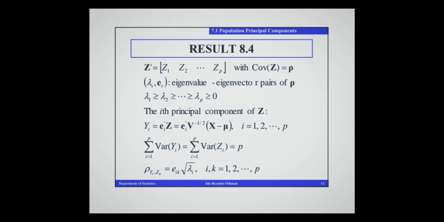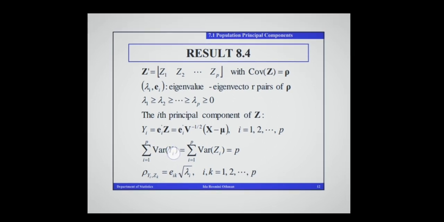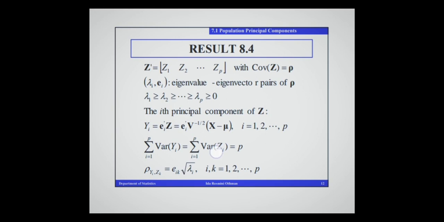And then according to the theorem, when we are using rho to find the principal components, we should know that the summation of the variance of the principal components equals the total of the variance of variable z, which is the standardized variable, equal to p. When you total up all the variances of y and all the variances of z, you will get the value p, which is the number of variables.